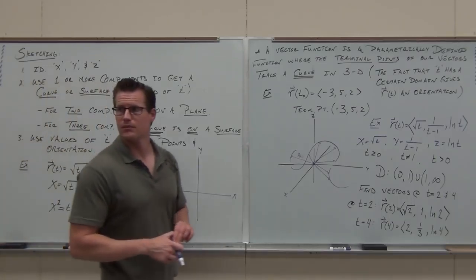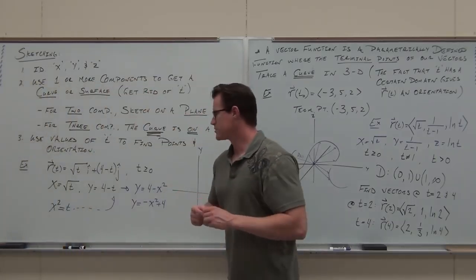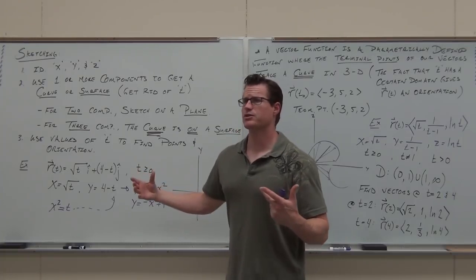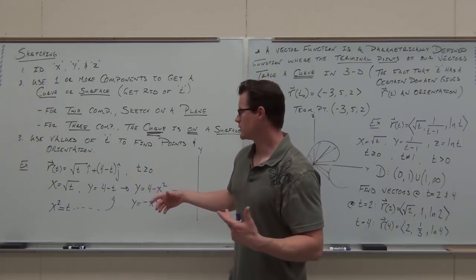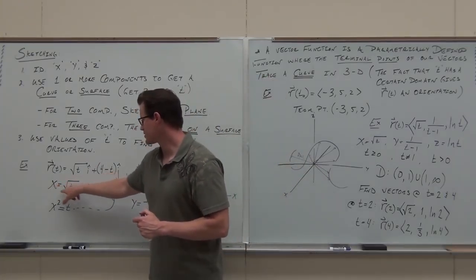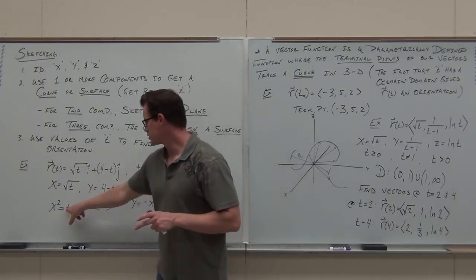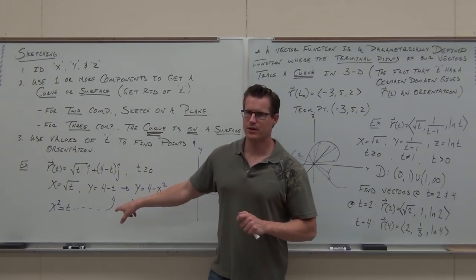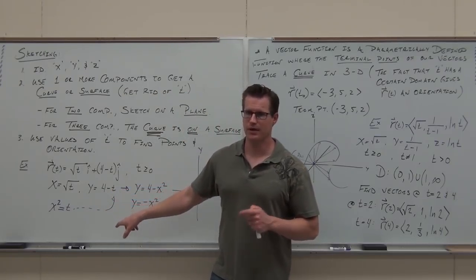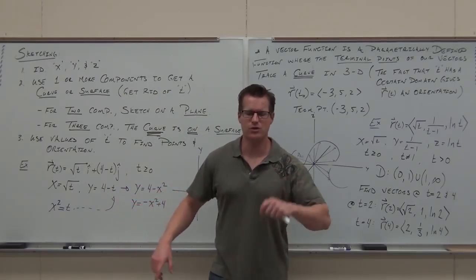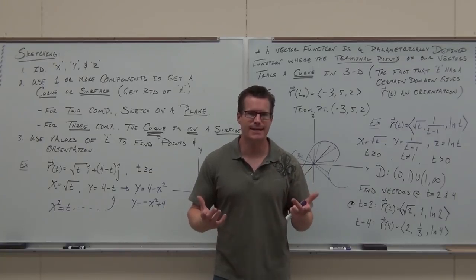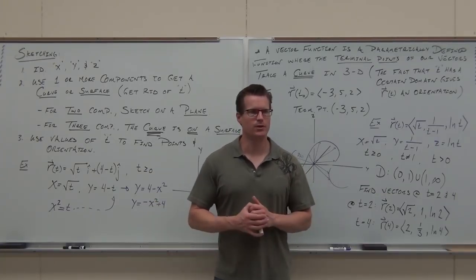Why do we do substitution? Because what we're going to try to do is get some sort of curve we understand out of this, all right? And so we go, well, I can't sketch this and this very well for myself, so let's do a substitution to get rid of that t. Just like parametric from Calc 2, every time we did it, if you think back, look at your notes, look at the videos, we basically got rid of the parameter.